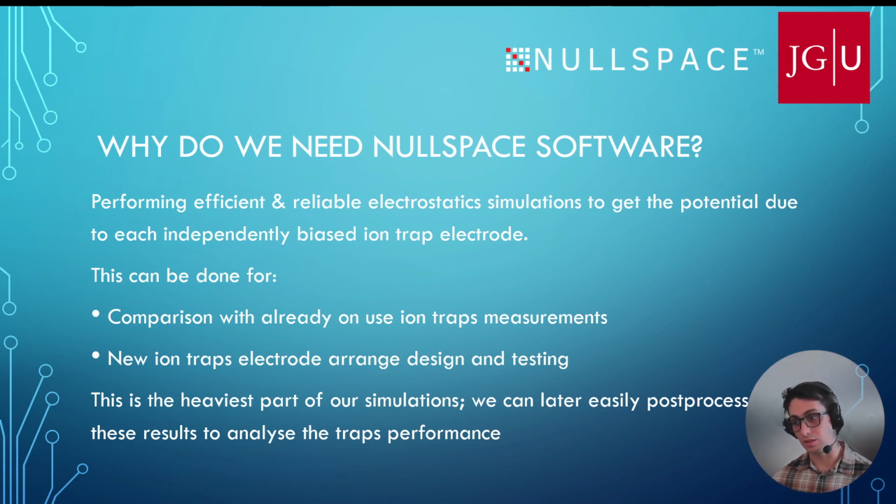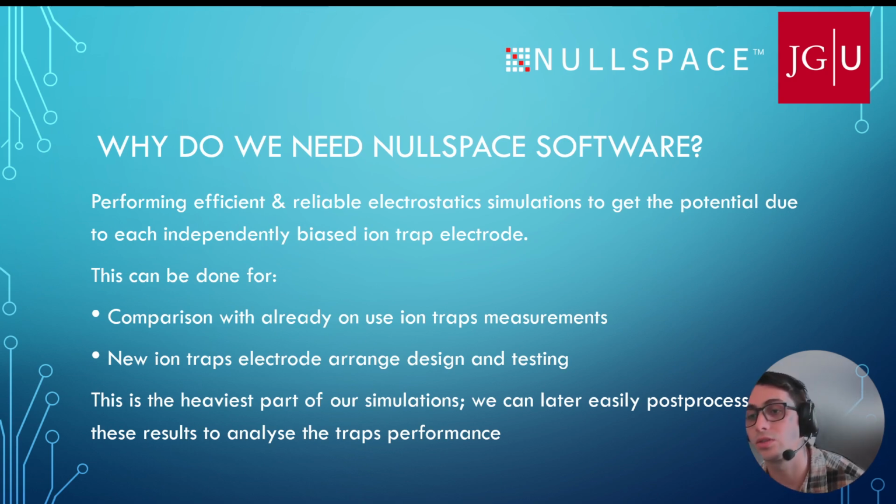Well, we use it in two ways. We can compare already built traps, with experimental measurements, against the simulations to see whether everything is okay. For example, we have already discovered that we have some shorts in our electrodes by comparison with the simulation from Nullspace.